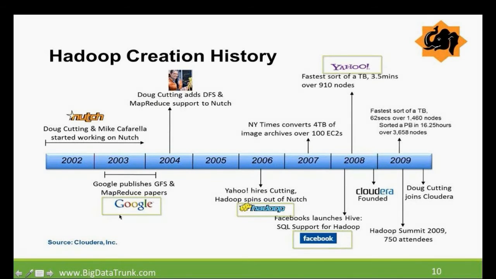So Google starting with the white paper is the first seed of the big data revolution, and the second aspect which is happening is the formation of Cloudera. People are putting some questions on the chat. Yes, we'll be talking about GFS and HDFS in a few minutes as well.